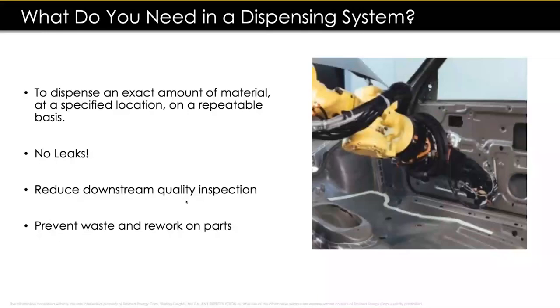More times than not, once that part is joined with the adhesive and we do a leak test and find a failure, not only is that part scrap, but we've seen up to 60 or 70 parts behind it that also have to be scrapped or quality checked to understand where the break is, because the inspection process is so far downstream from the adhesive dispensing process. We've done a lot of other things in the manufacturing process before we get to leak testing, so now we have to throw that lot away or try to do repair.